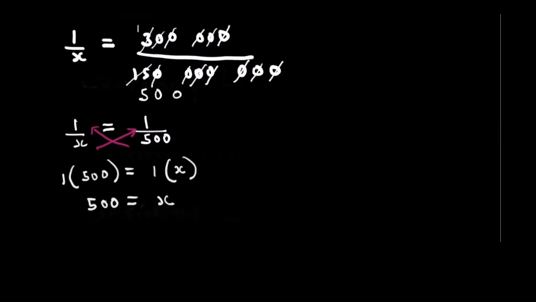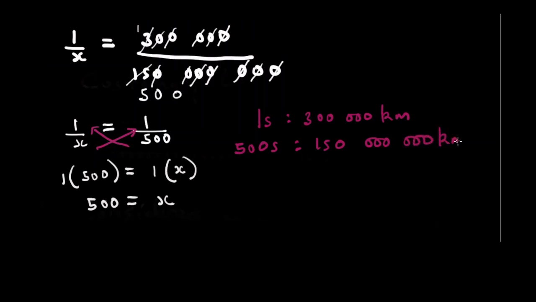This means that light requires simply a second to travel a distance of 300,000 kilometers. Light requires 500 seconds to travel a distance of 150 million kilometers. So we need to convert these 500 seconds into minutes.